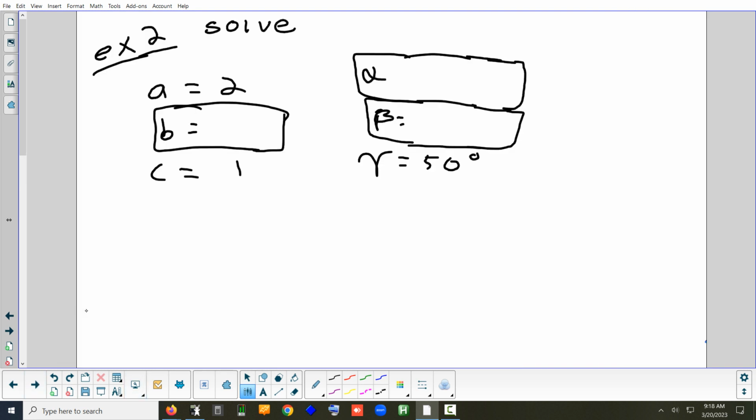Gamma. Put the 50 in. Okay, so sine of 50, over 1. Yep, over 1. So there's the left side. And how about my right side? Quinn, what could I do on the right? On the right, you're going to have sine alpha over 2.